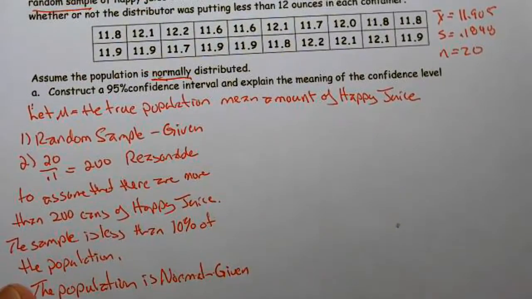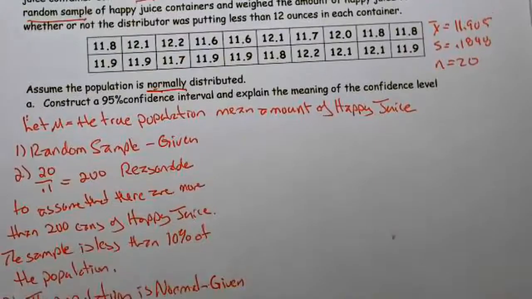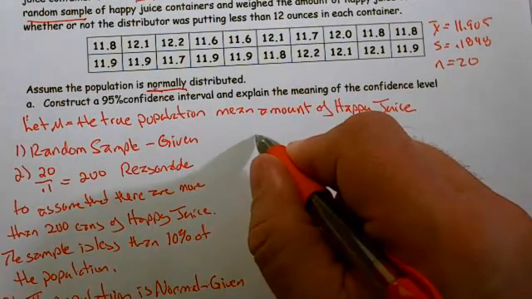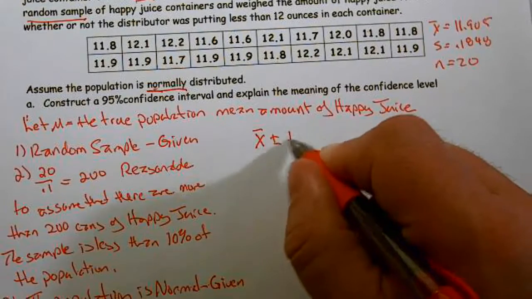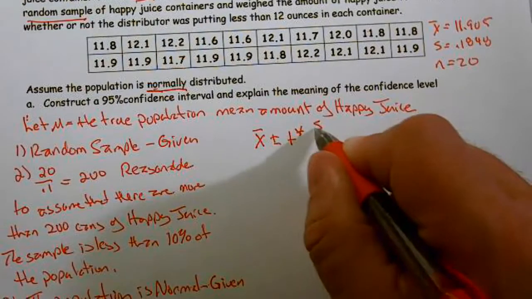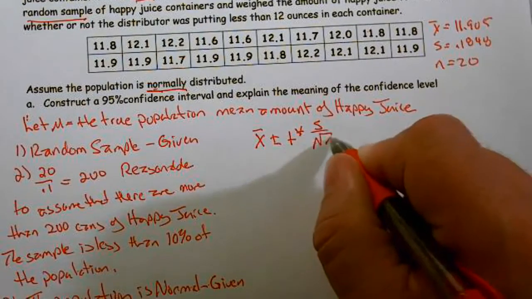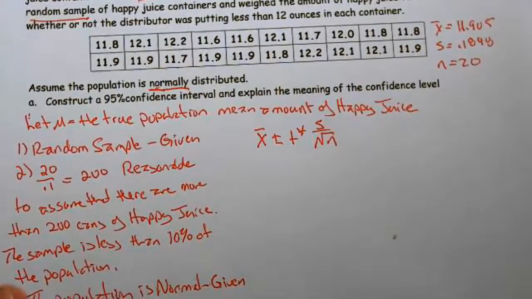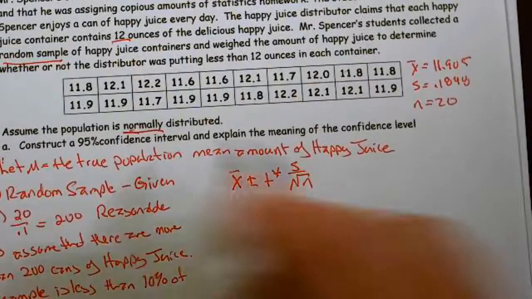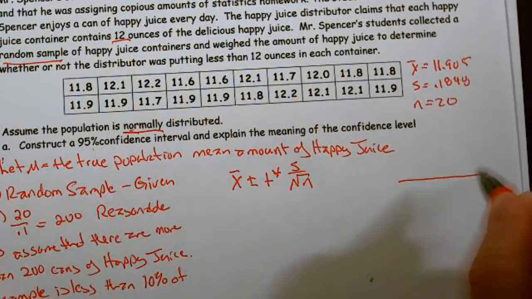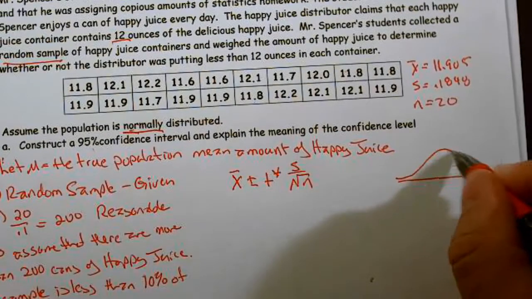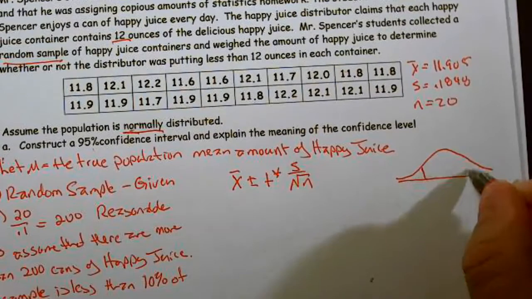I don't know. The next thing says write the equation. Our equation is going to be x bar plus or minus t star times s divided by the root of n. It also says we need a graph and shade. We're constructing a 95% confidence interval, so this is 0.95.